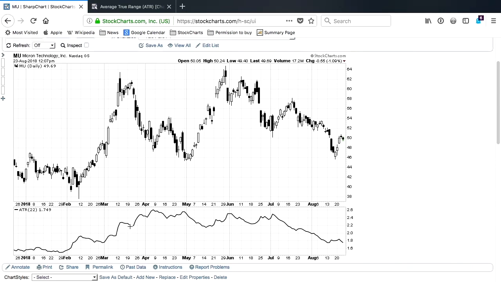We could see the true range increasing. And then recently, when we started a little bit more consolidation, we start to see the range going down. And one of the things Dr. Elder talked about was that average true range is just the normal behavior for the stock within a period of time.